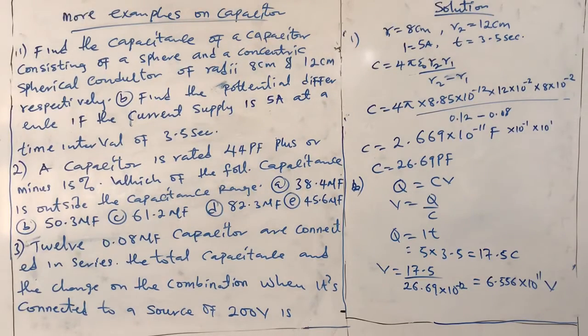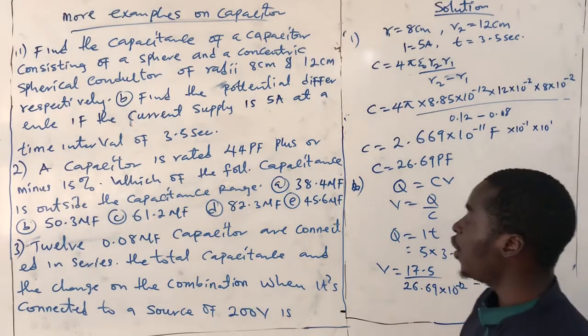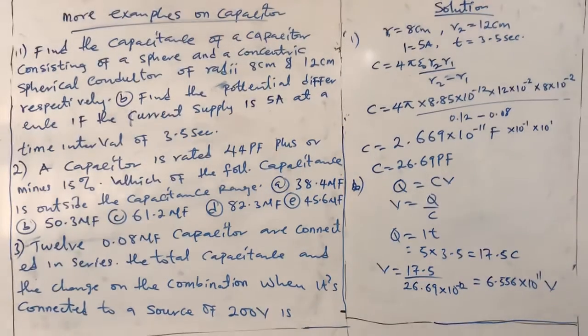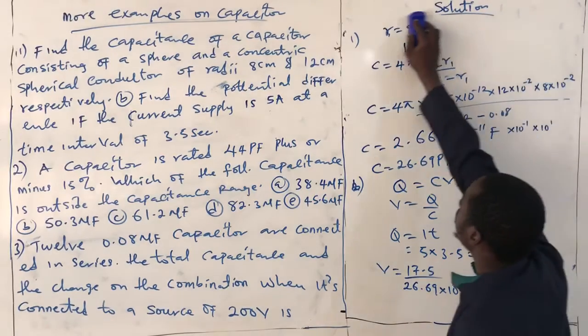Now we are going to look at question number 2. A capacitor is rated 44 picofarad plus or minus 15%. Which of the following capacitance is outside the capacitance range? So we have to clean this.